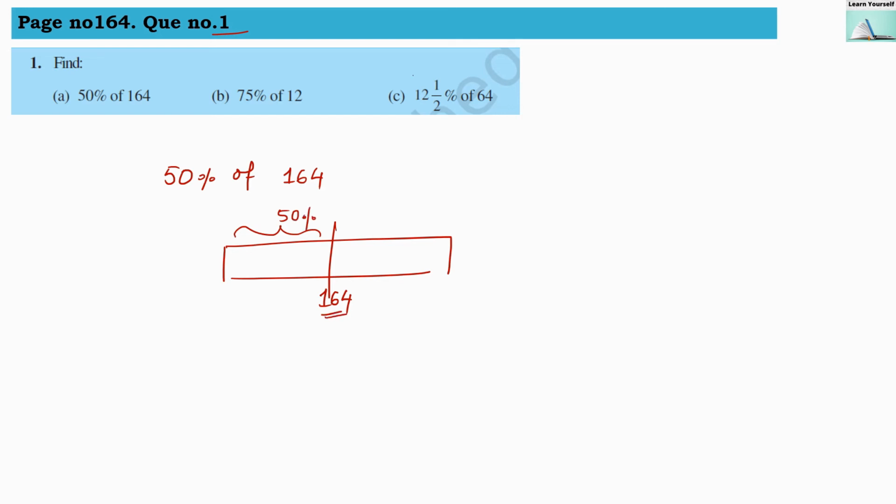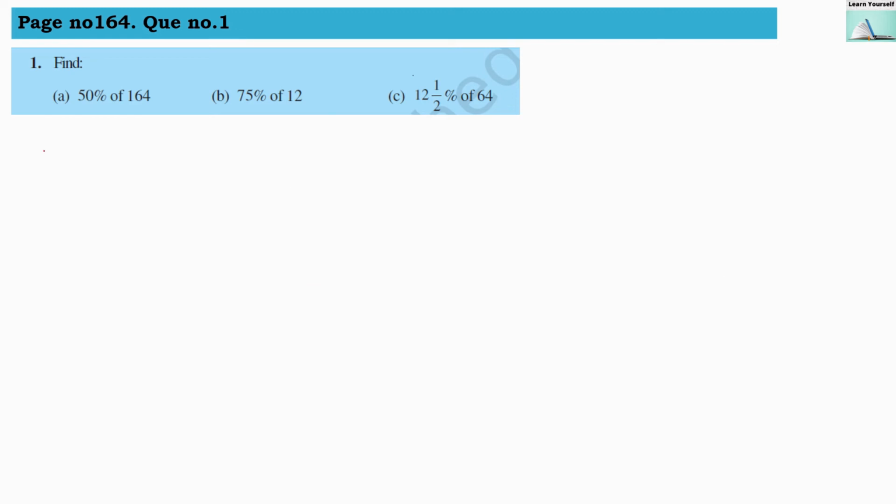It is the same as if we have the number 4 and we make 50% of it, then it is going to be 2. The same way, we have the number 164 and we have to find its 50% quantity. So let us start with numerical A, 50% of 164.